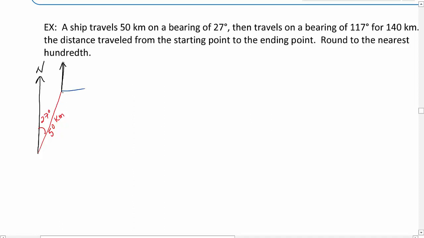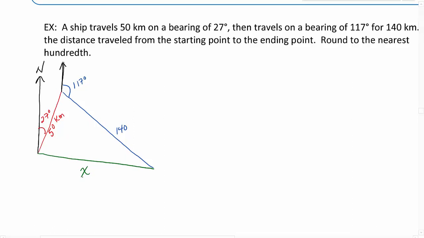So 117 is maybe over here a little bit. And 140 kilometers. And the question is to find the distance traveled from the starting point to the end point. So we need this over here. That's what we're looking for.